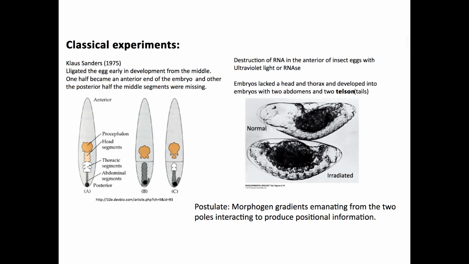The nature of this interaction was then postulated to be some cue coming from both ends that was being read by the cells in between, giving rise to their positional identity or information.